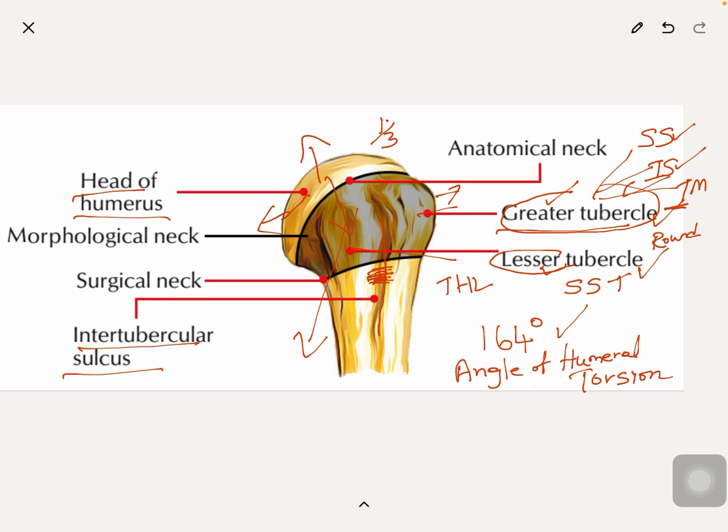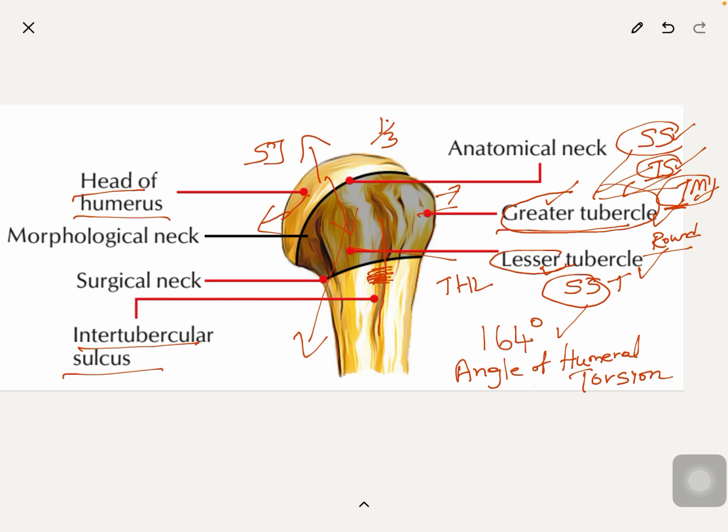This one is minor, being less prominent. The other muscle you will learn is teres major. So these three muscles are inserted into the greater tubercle. What are the four muscles you have learned around the head of the humerus? Subscapularis, supraspinatus, infraspinatus, teres minor. So what is this joint we told? Shoulder joint.